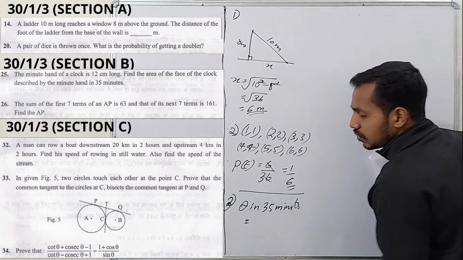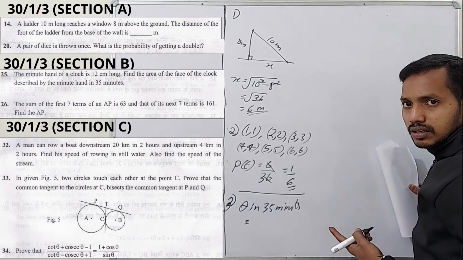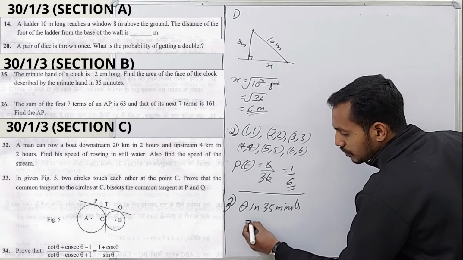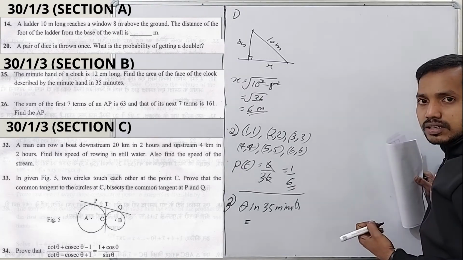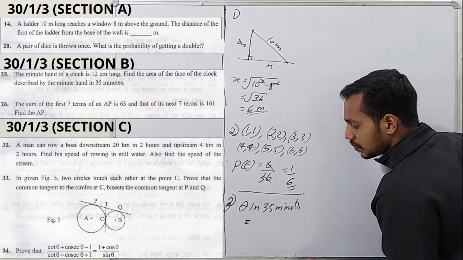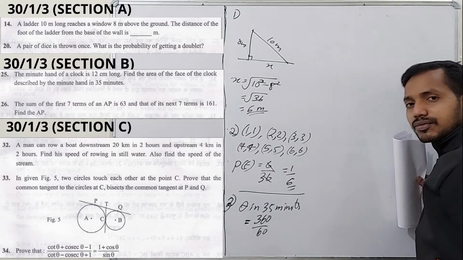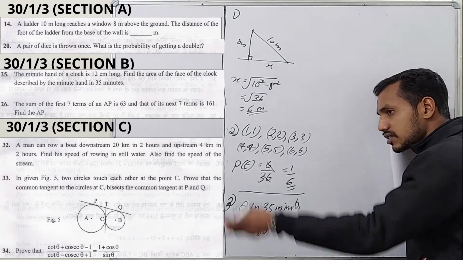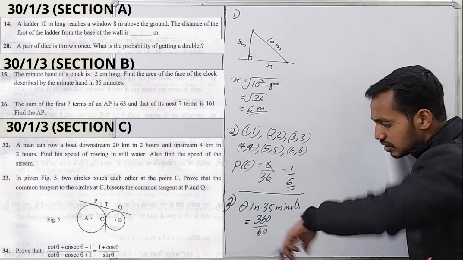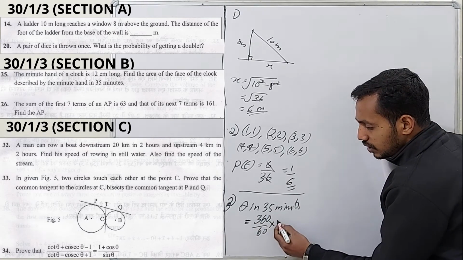In 1 minute how much angle will it sweep? That means 1 by how many minutes are there? 60 minutes. Okay. So the angle swept by it will be 360 by 60. Clear? There are a total of 60 minutes in one rotation. So in one rotation, the complete angle is 360, so 360 by 60 into 35.